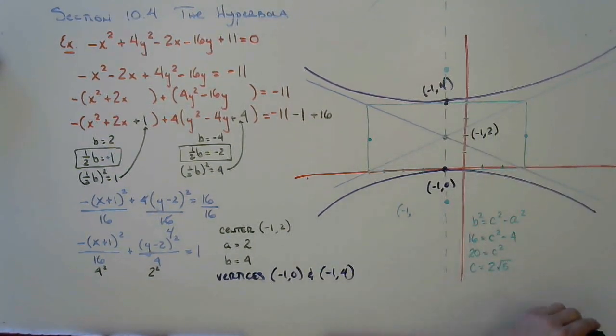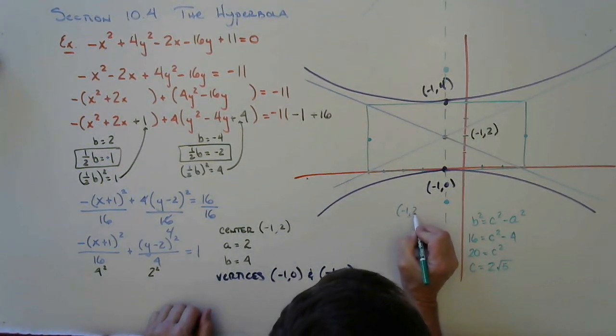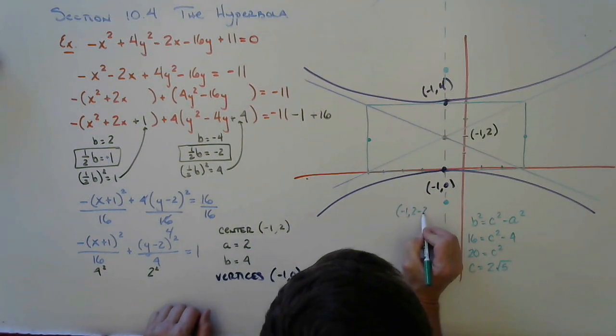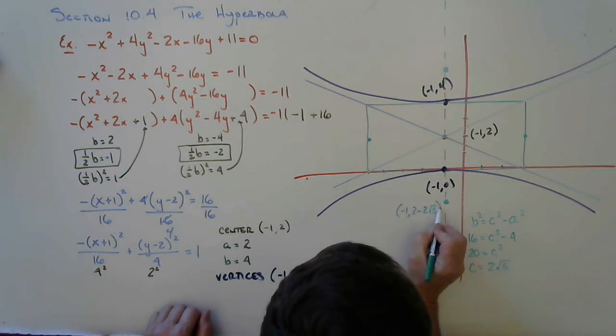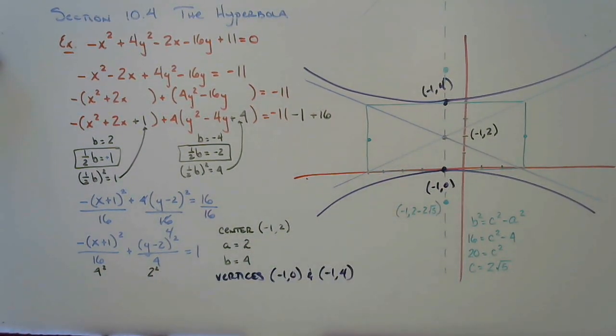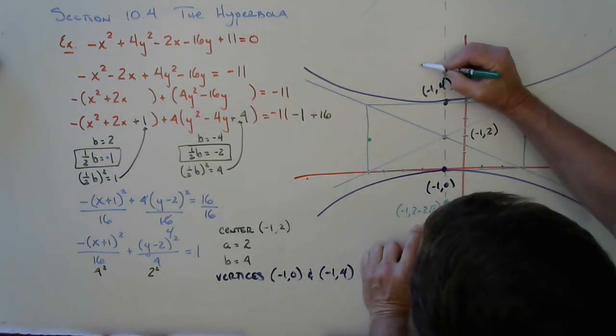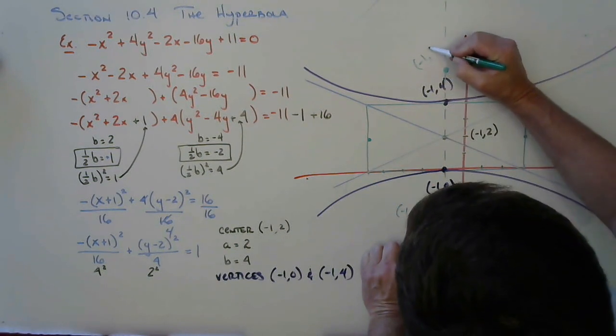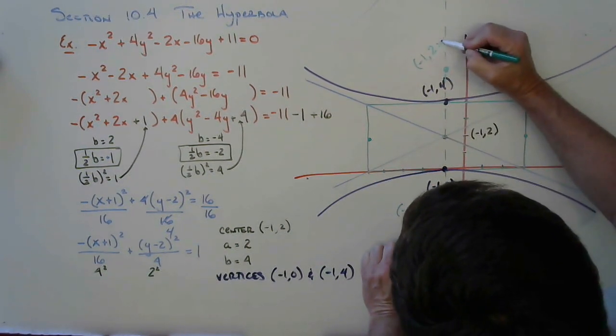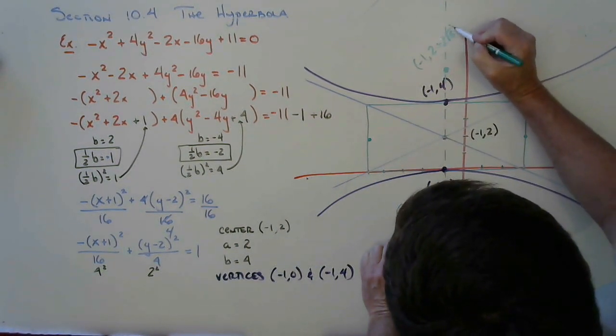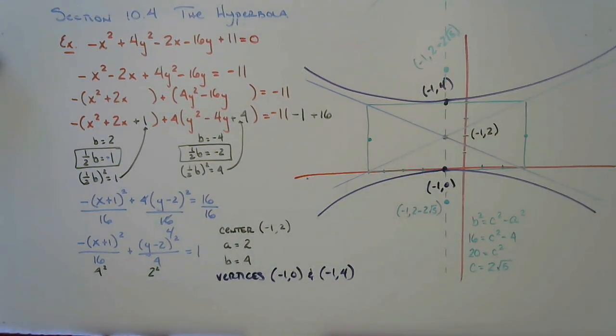We started at 2. So we have to make sure we realize we started at 2 and we went down 2 root 5. We got to write 2 minus 2 root 5. We started at positive 2. And this point right here, negative 1, we started at 2 and we went up 2 root 5.